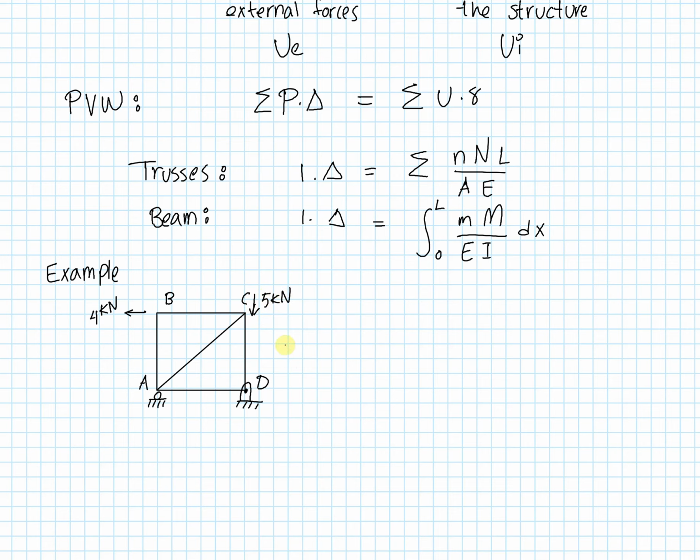And the lengths of our members are 1.5 meters in height and 2.0 meters in length. And what's being asked of us is, what is the vertical displacement, or delta, at location C, dy at C. That's what we're interested in. So we're interested in how this joint at C moves downwards.